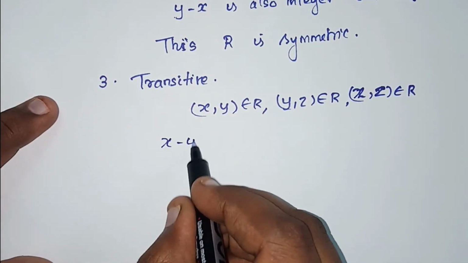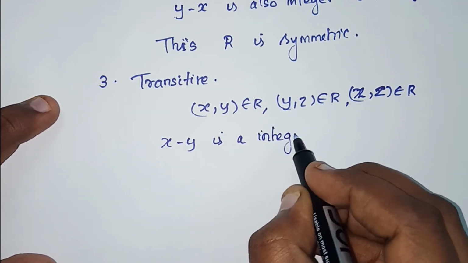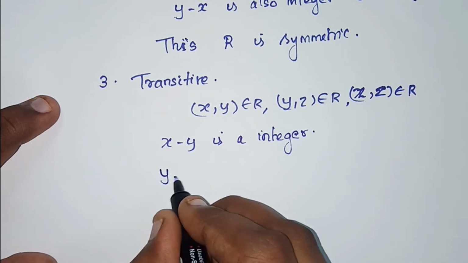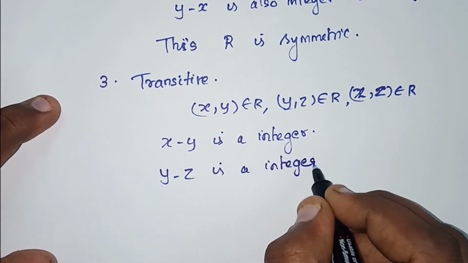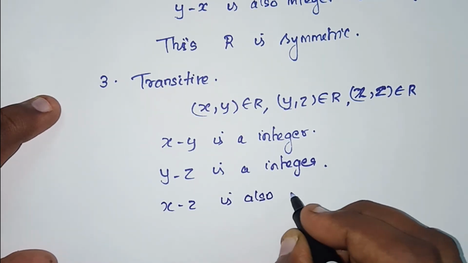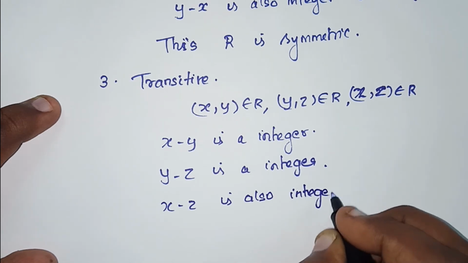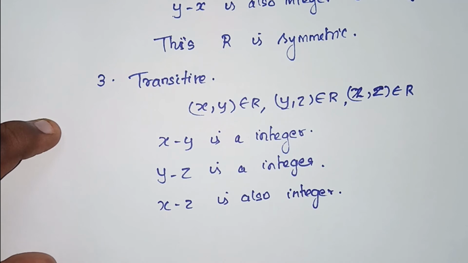So x minus y is an integer, and obviously y minus z is an integer. So x minus z is also an integer. So we will understand this by using some example.